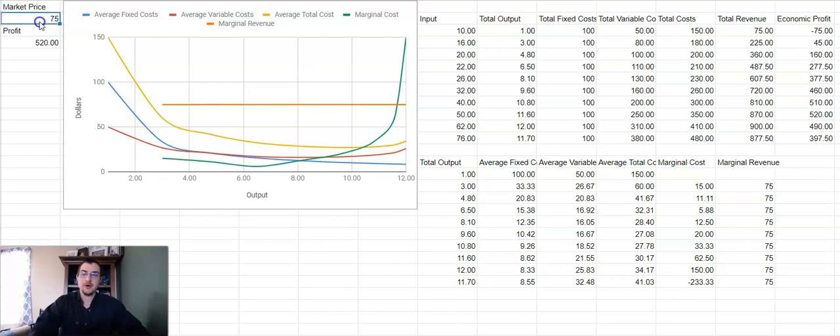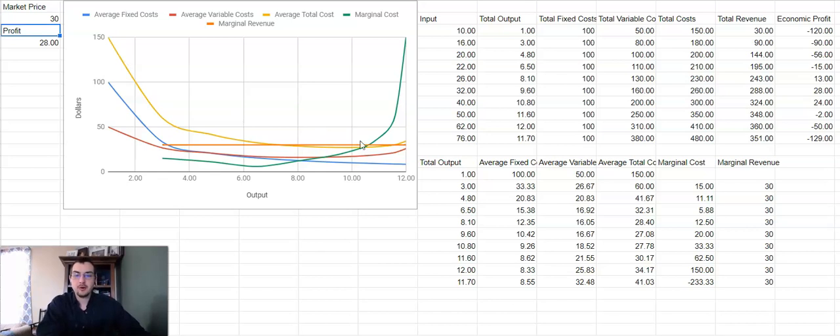What if price falls now to say $30? We see that market price falls. But if you notice, we're still going to be operating or producing where marginal revenue equals marginal cost. And we can look right through there and we see at this particular point that the marginal revenue is actually higher than the marginal cost.